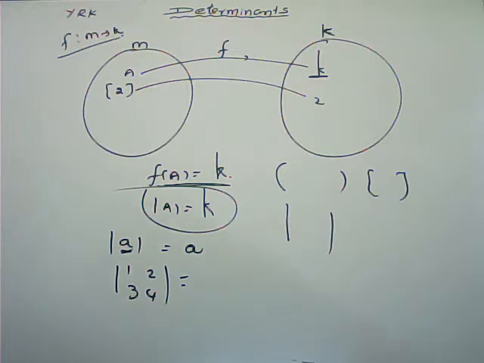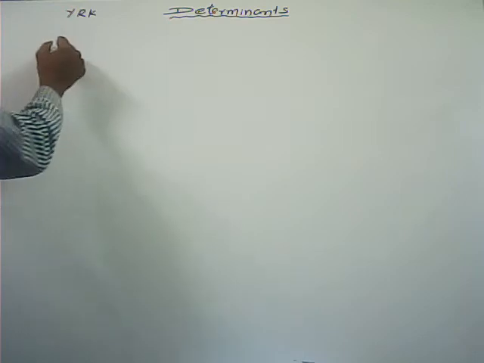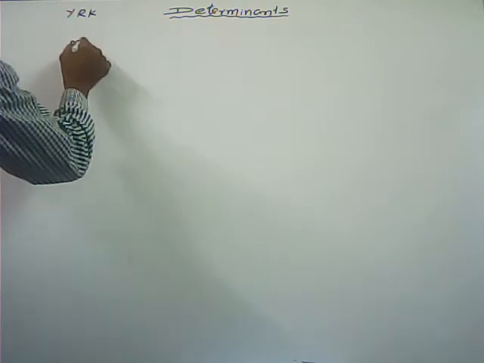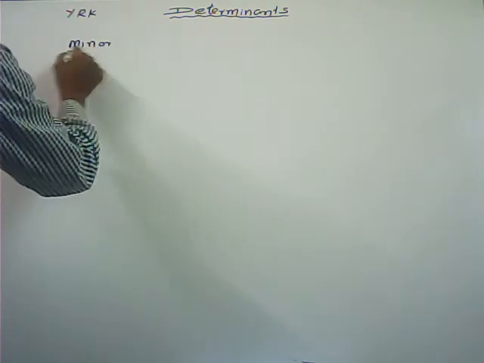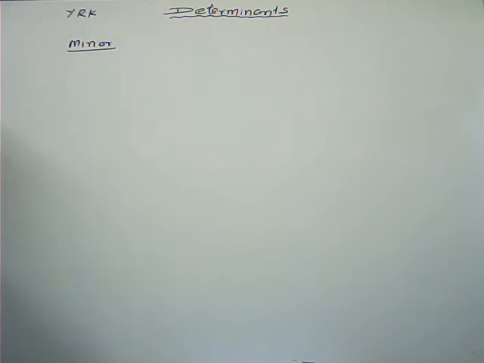Now I am going to discuss all these. The actual definition I will also state here. Before discussing the determinant of 2 by 2 or 3 by 3 matrices, first I am going to discuss what is a minor and what is a cofactor.